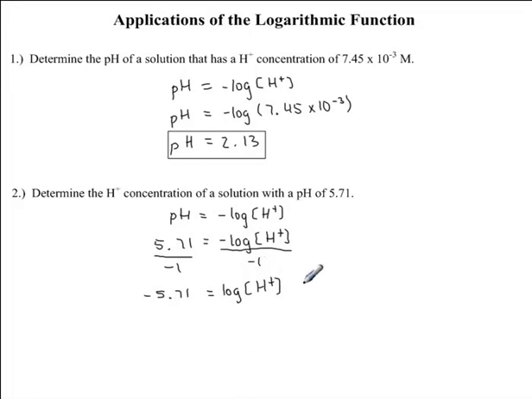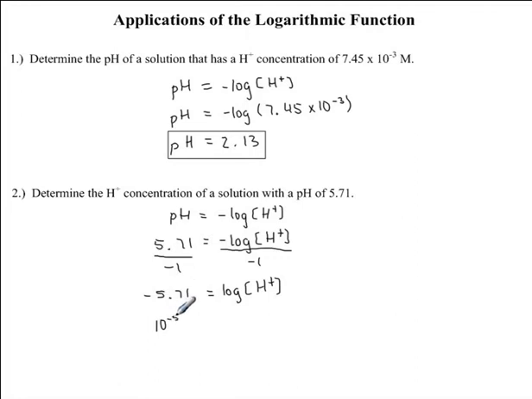So in order to eliminate this problem, we're going to have to think back to our rules for the logarithmic function. What I'm going to have to do now is raise both sides of this equation to an exponent with a base of 10. So looking at my left-hand side, I'm going to have a power with a base 10, and this will now become my exponent.